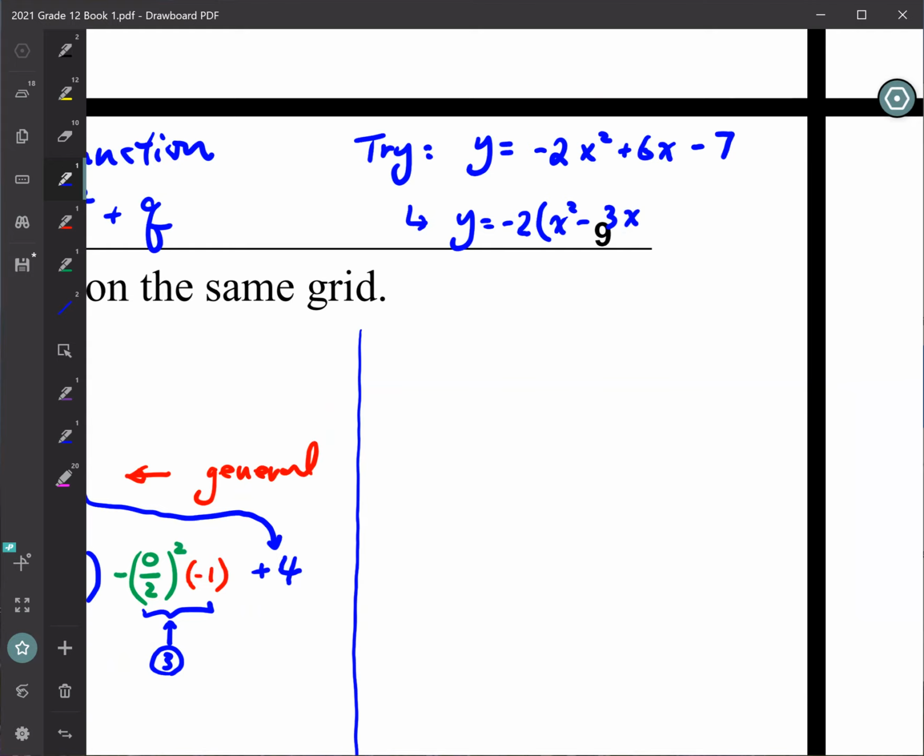What's -3 divided by 2? -1.5. Very good. 1.5 or -1.5, right?